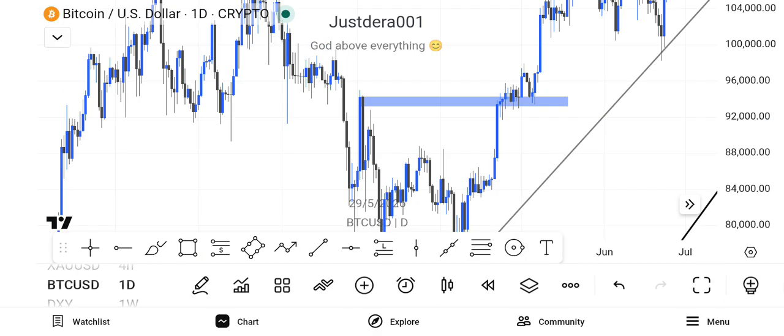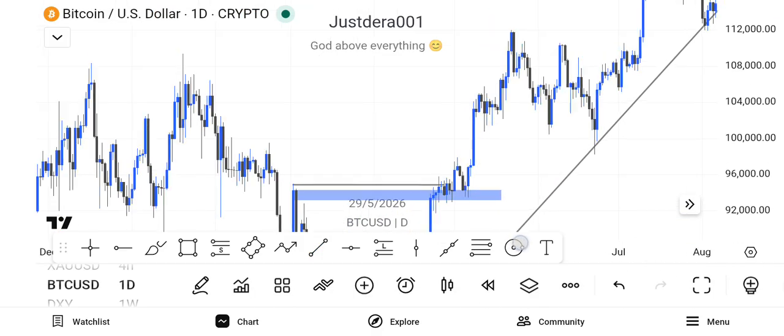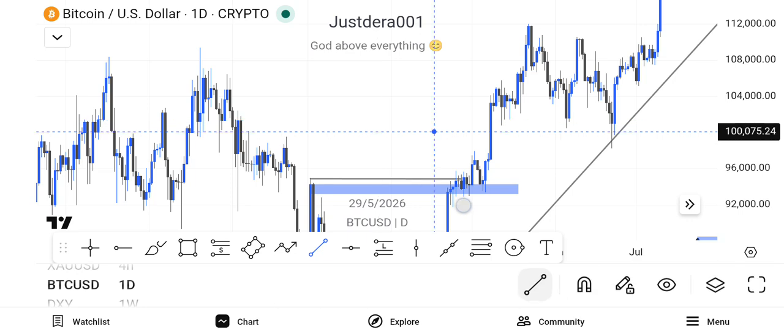When the market broke this high, the market will retest into this high, more buys to come. You understand? This is the last high that the market made. As the market breaks this high, a retest to this high will push the market further. Then coming to this place, we can see that the market broke this high, and broke another high here.